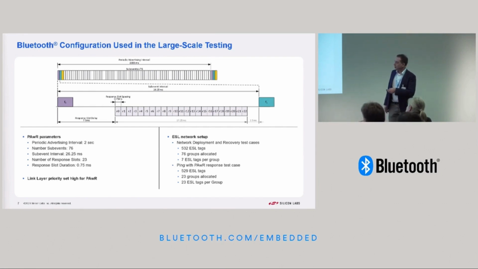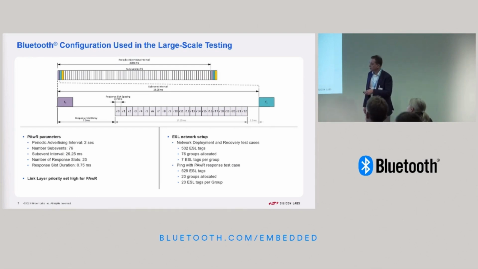On the network setup, now we have the basic network. We have 2 different deployment and recovery tests. We actually utilize for that 532 tags, utilizing all the 76 groups, 7 tags per group. Then for the ping test, I will cover that later on.